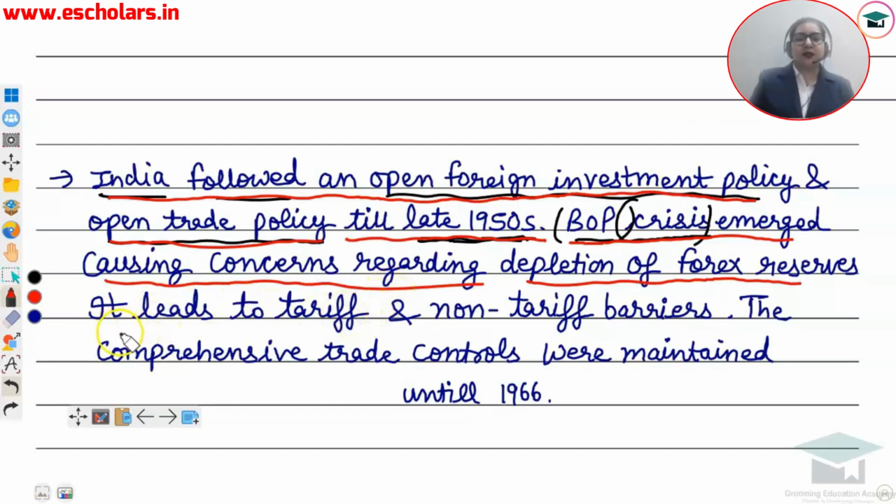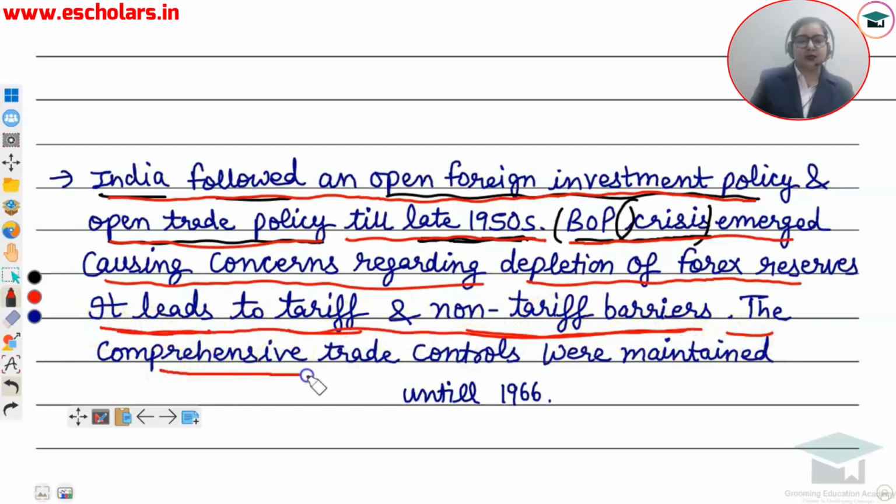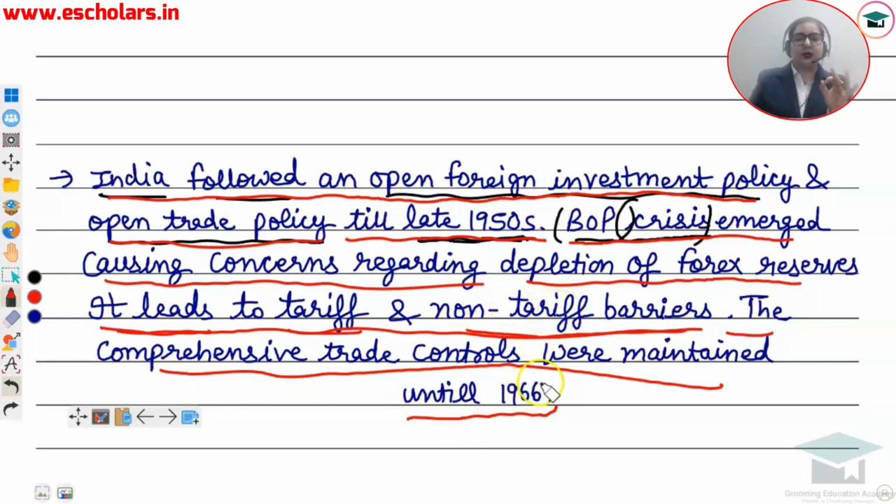So it leads to implementing tariff and non-tariff barriers. The comprehensive trade controls were maintained until 1966. So such trade controls, that is tariff and non-tariff barriers, continued till the year 1966.